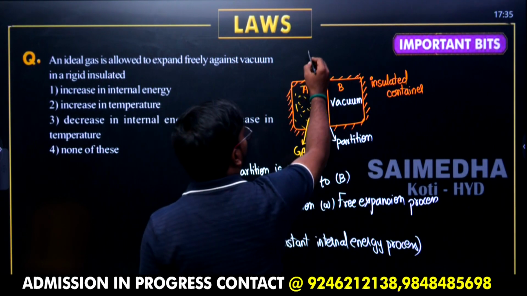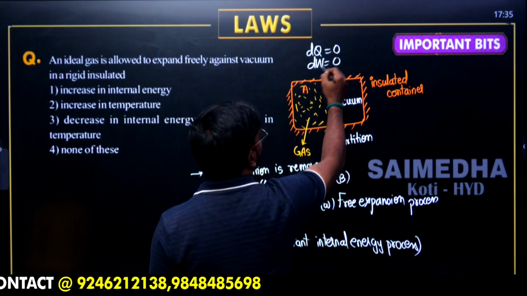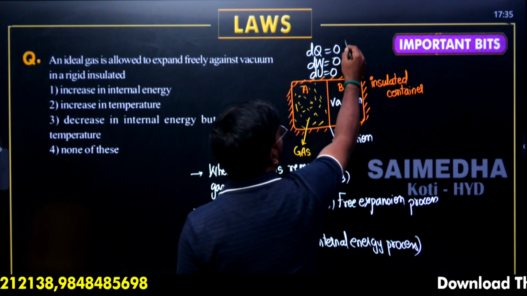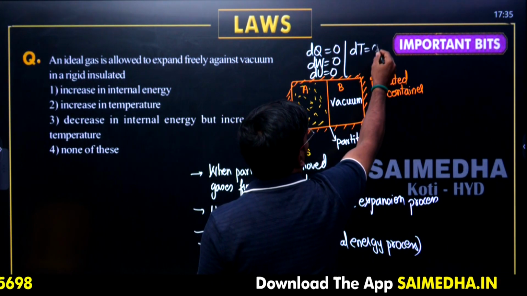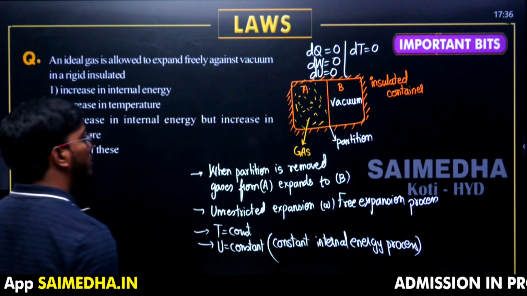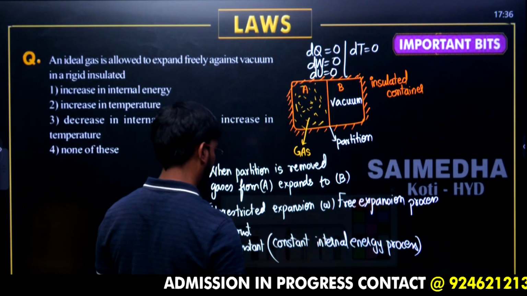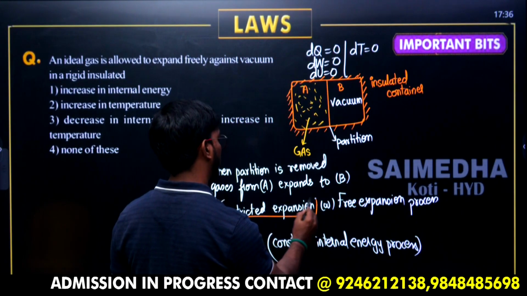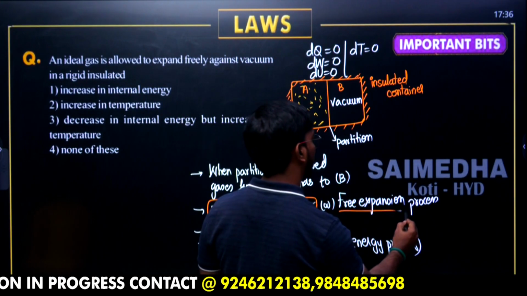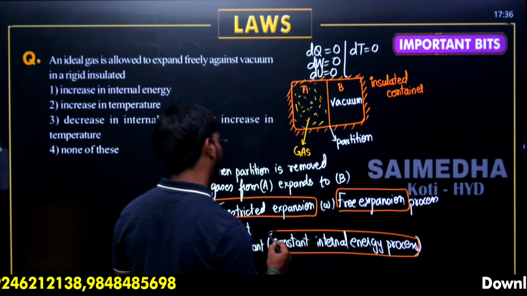There is no heat transfer, no work transfer, no change in internal energy, constant temperature, so the differential of temperature is also equal to 0. And this process is called unrestricted expansion, also called free expansion, also called constant internal energy process.